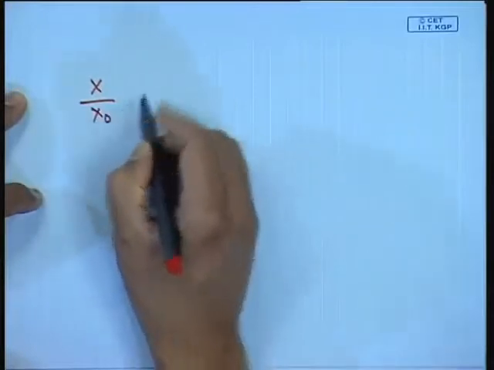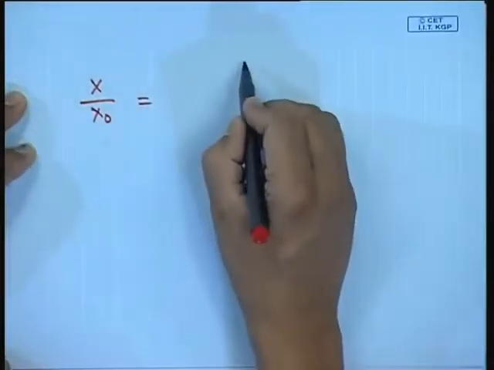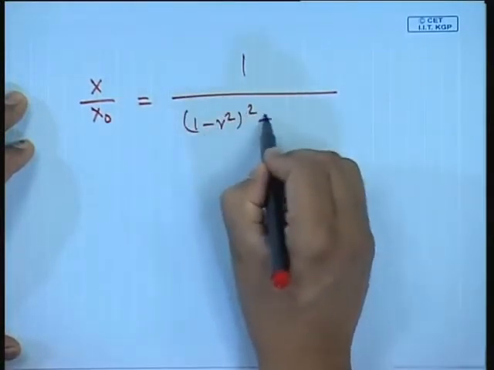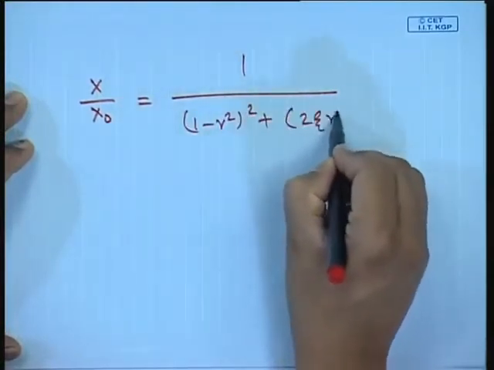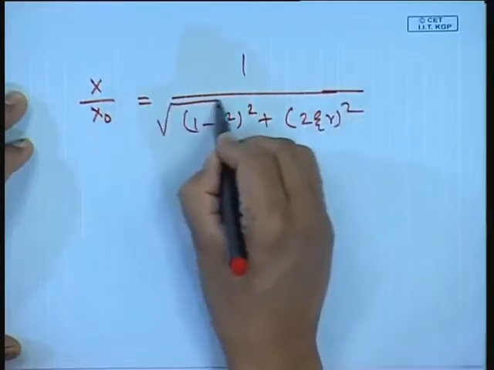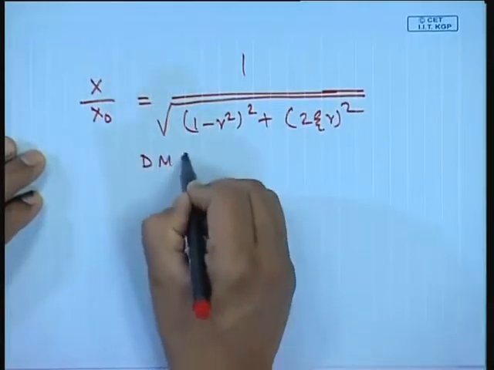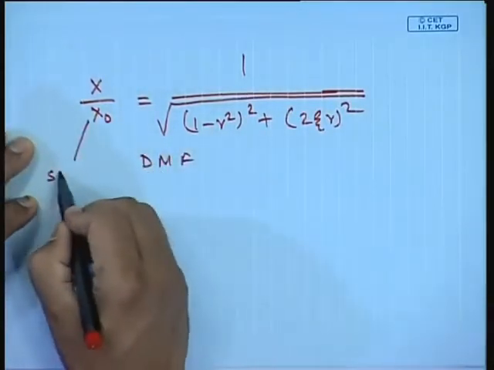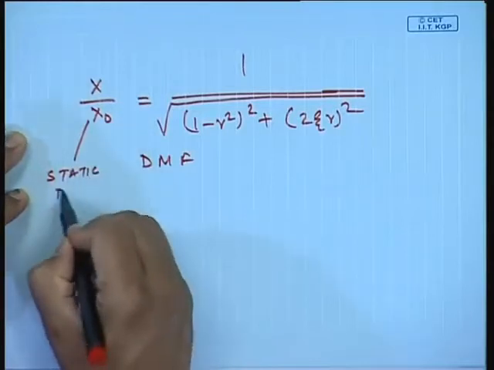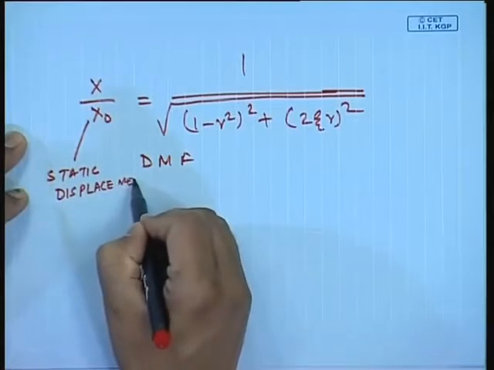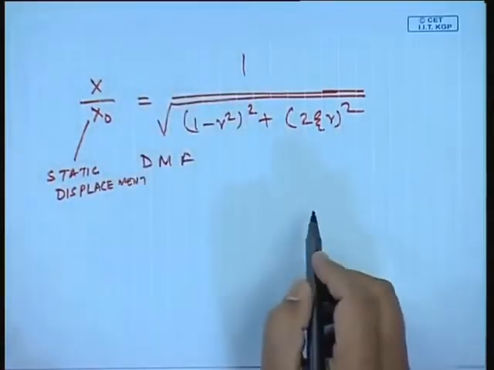So, in fact, let me write it again. x by x naught is given by 1 by the square root of 1 minus r square whole square plus twice zeta r whole square, and this is what is known as the dynamic magnification factor, where x naught is the static displacement and x is the dynamic displacement.